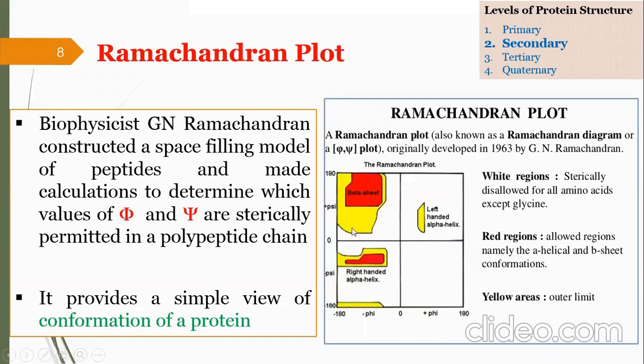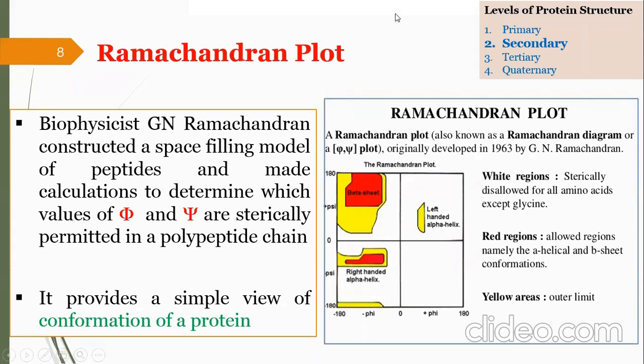The yellow region shows the outer limit. If the amino acid is here, this will be a right-handed alpha helix. The white region is the sterically disallowed region.